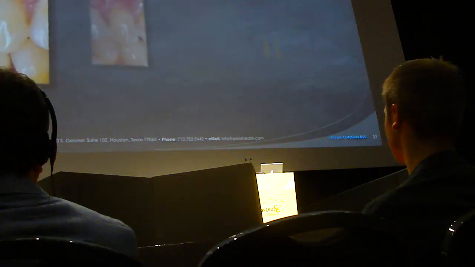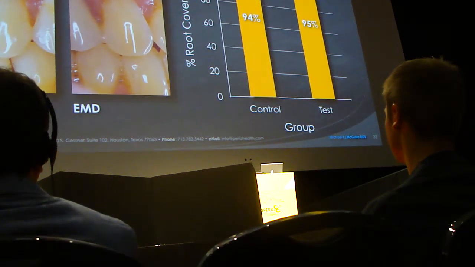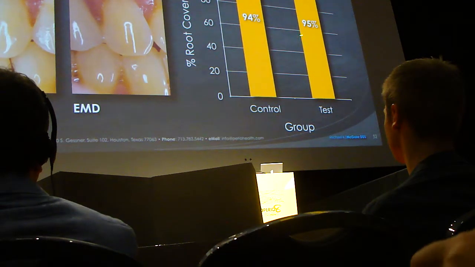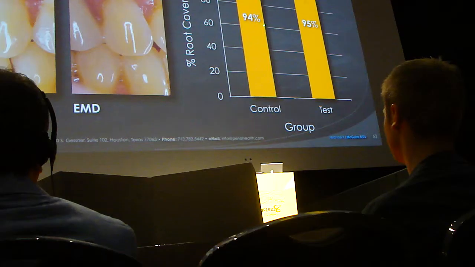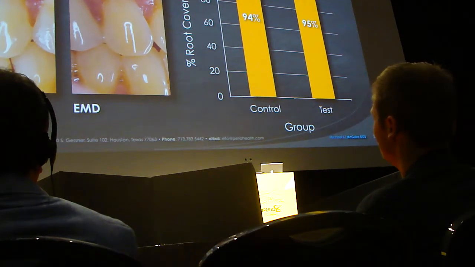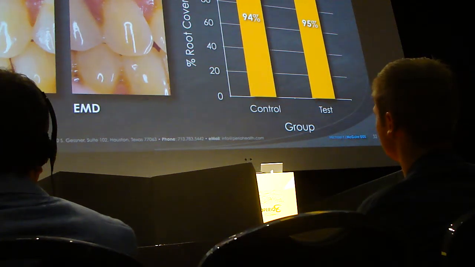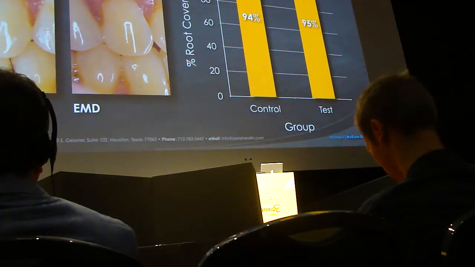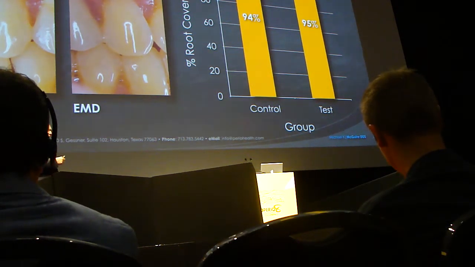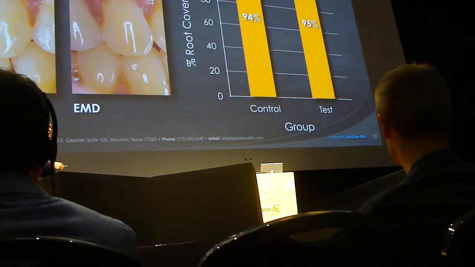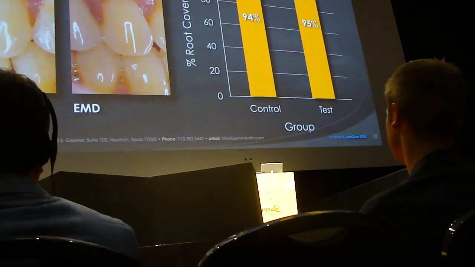How about our objective endpoints? We achieved 95% root coverage with our coronally advanced flap with EMD versus 94% with our connective tissue. So we didn't do quite as well with the connective tissue, probably because they're a little bigger defects, but to my knowledge, this is the only RCT that's published where connective tissue graft is a control where the test was not statistically significantly different.